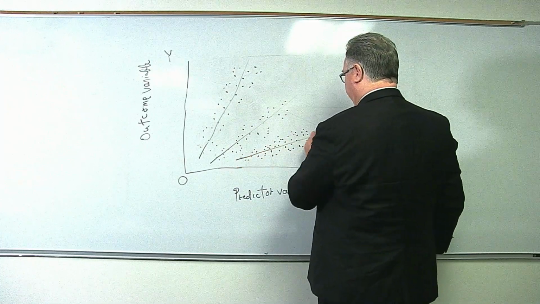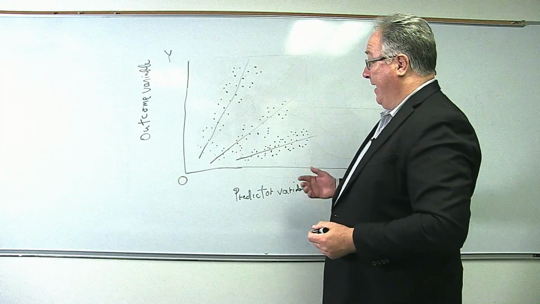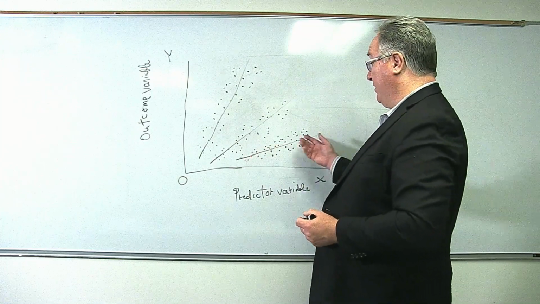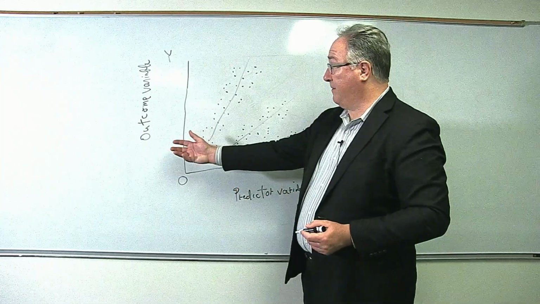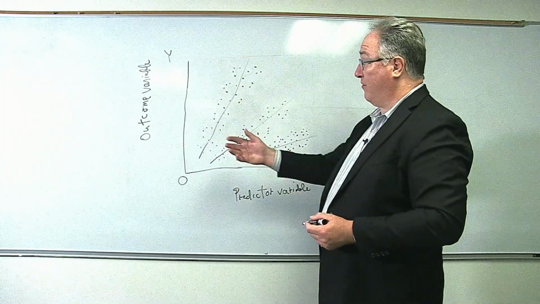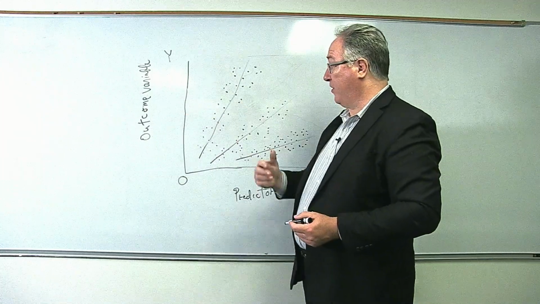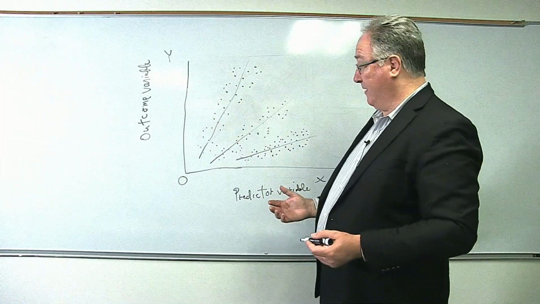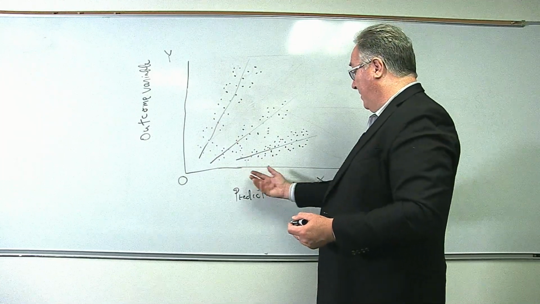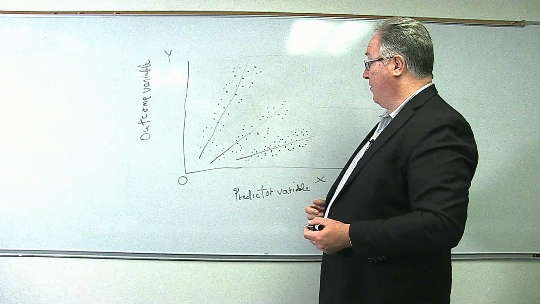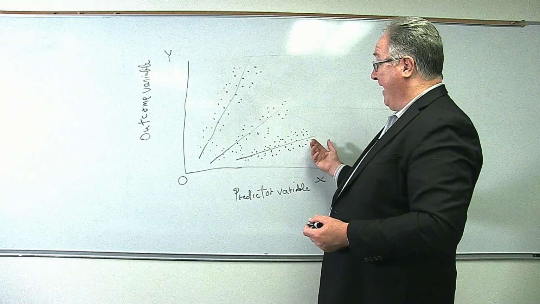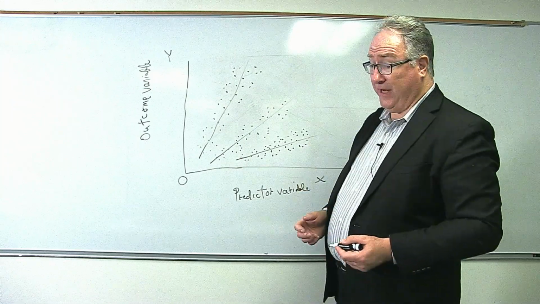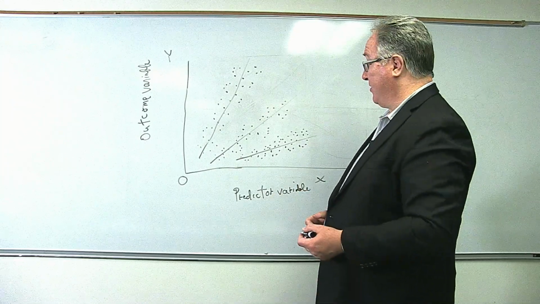That's pretty flat. And so that's, again, a linear relationship. As values are going up in the predictor variable, they're also going up in the outcome variable, but pretty slowly. So this is a weak linear relationship, and it might not even be significant if you were to test it.